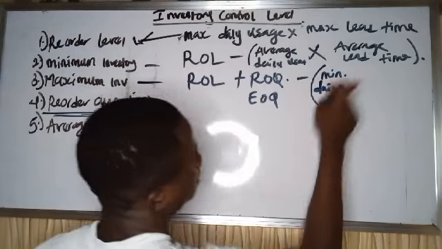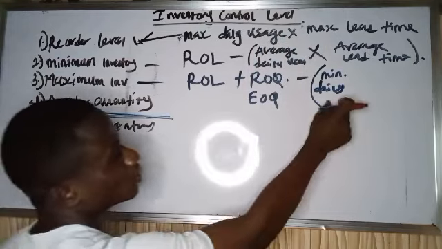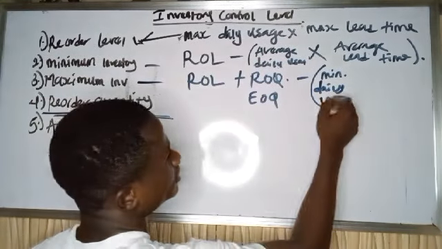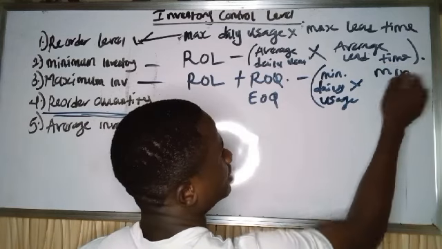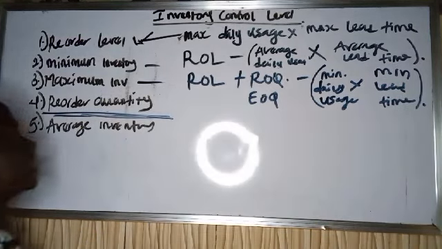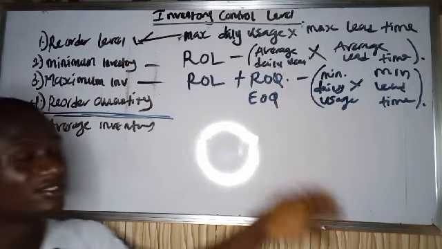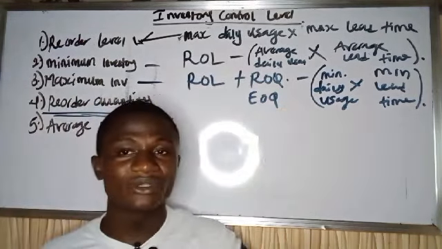This is also gotten from the formula for reorder level, but now we are using the minimum daily usage times the minimum lead time. So this is the formula for maximum inventory level: our reorder level plus reorder quantity minus minimum daily usage times minimum lead time.